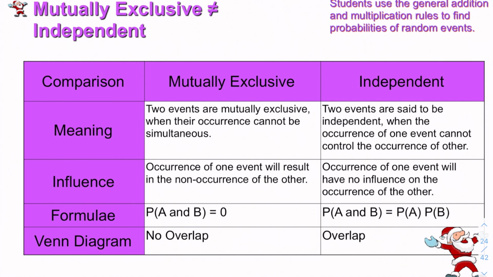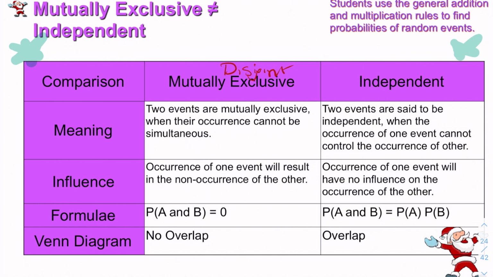So here is a table that I suggest you keep on hand. We talk about mutually exclusive or disjoint. That means two events are mutually exclusive when their occurrence cannot be simultaneous, no overlap. Two things are independent when the occurrence of one event cannot control the occurrence of the other event.